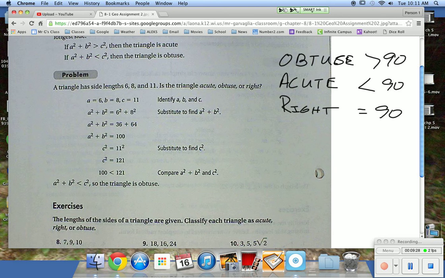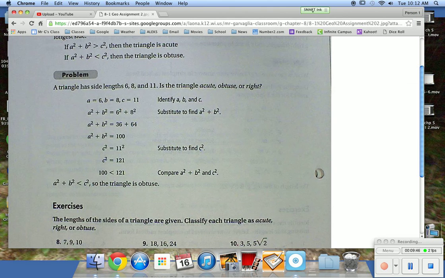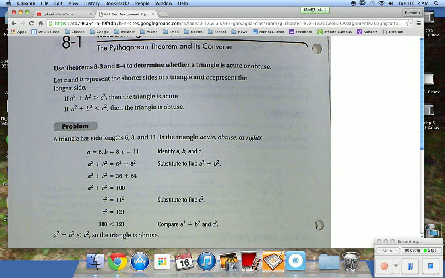Okay. If we're using the Pythagorean theorem, and we want to figure out if it's an acute or an obtuse, here's what we do. Obviously, if we take 3 numbers, let's say 6, 8, and 10, and we put those into the Pythagorean theorem, 6 squared plus 8 squared equals 10 squared.